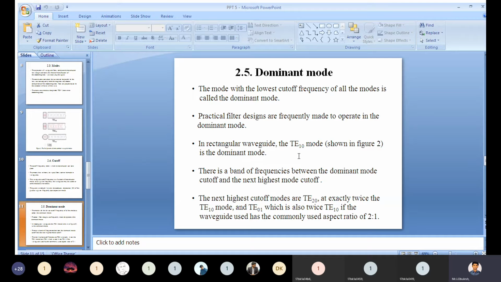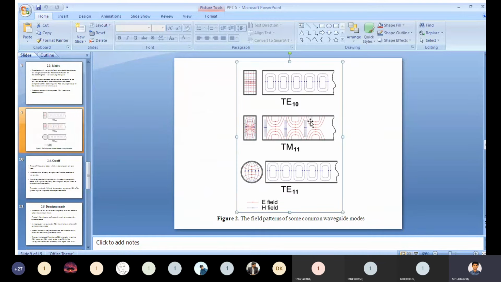The next highest cutoff modes are TE20 at exactly twice the TE10 mode and TE01, which is also twice the TE10 if the waveguide used has the commonly used aspect ratio 2:1. The lowest cutoff TM mode is TM11. You need to see from figure 2, TM11, this one.